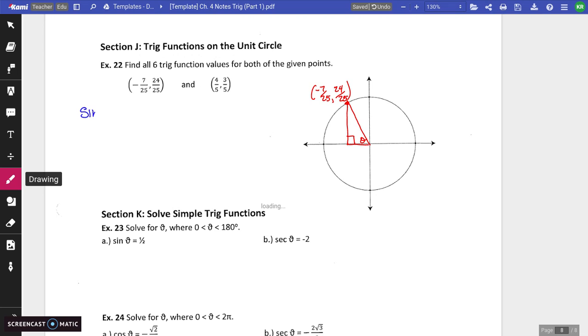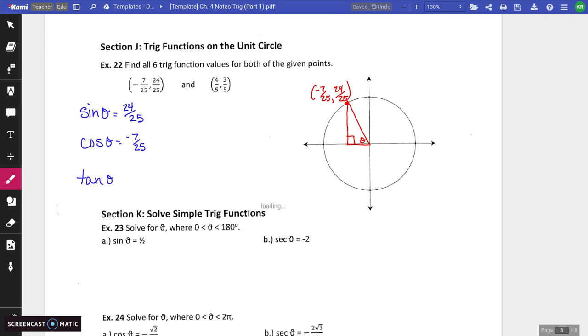Well, so sine, but remember how we just talked about sine is the y value if you were on the unit circle. So our y value here is 24/25. So that's your value of your sine. Cosine is your x coordinate, so it's going to be negative 7/25.